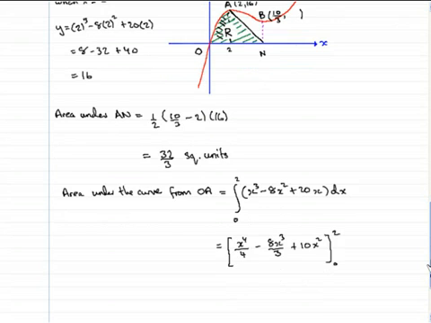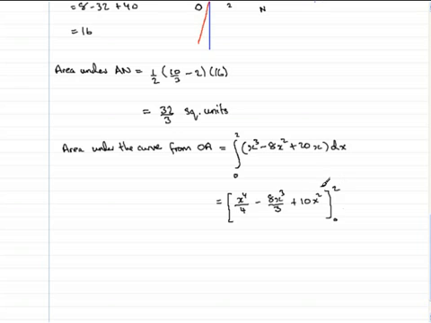So we substitute the value of 2 in first and then subtract the value of 0 afterwards. So 2 to the power 4 over 4, minus 8 times 2 cubed over 3, plus 10 times 2 squared, in square brackets, and then we put the 0 through.